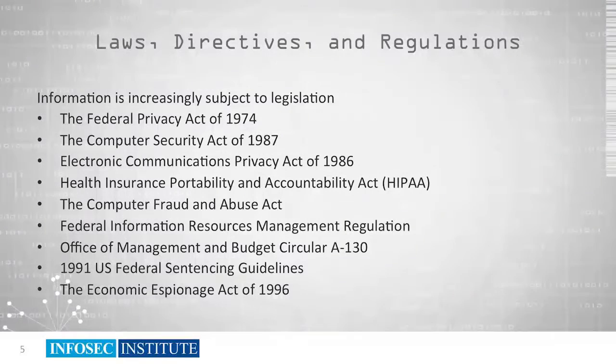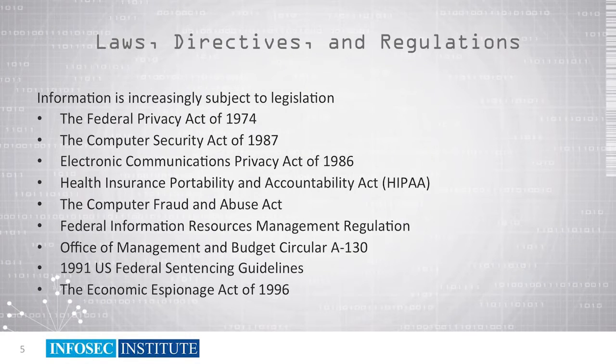The Computer Fraud and Abuse Act prohibits individuals from accessing federal government computers without authorization. The Federal Information Resources Management Regulation provides a set of regulations for using, managing, and acquiring computer resources in the federal government. The Office of Management and Budget Circular A-130 requires that federal agencies have security programs in place.